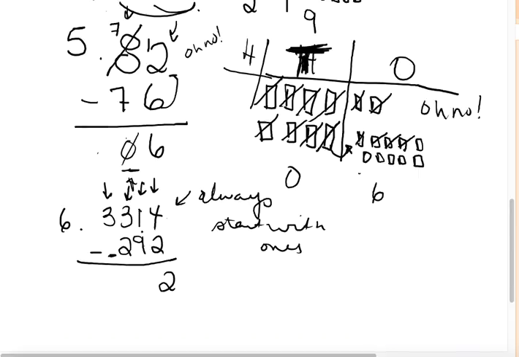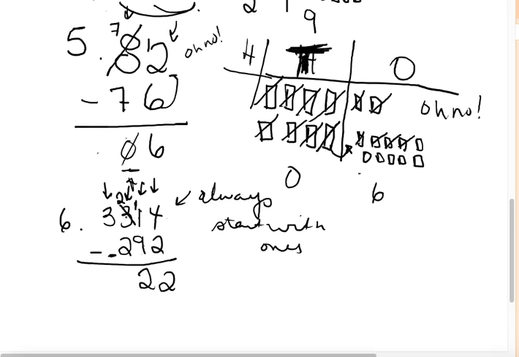Can I take away 9 units from 1? No, so I need to borrow from my hundreds. So I convert this to 200, and I bring over the 100 to the tens column. So I have 11 minus 9 is 2.